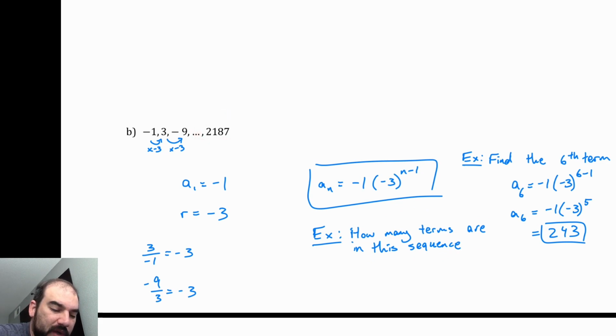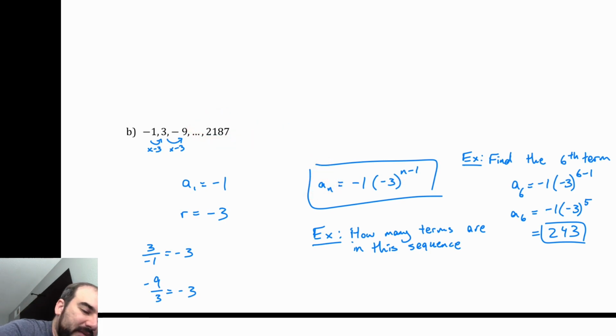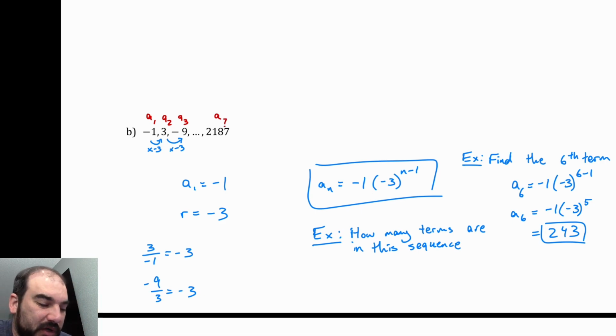So what we would do is take our stopping point, set it as our nth term, and figure out what n is. That would be the number of the term that this is, right? Because the first term is called A1, the second term is called A2, the third term is called A3, and so on. We want to know what numbered term that 2187 is.